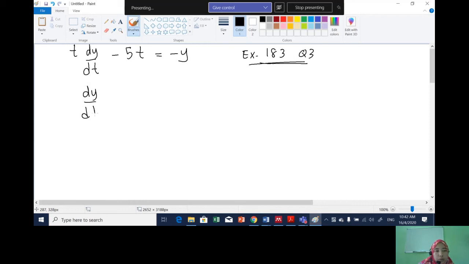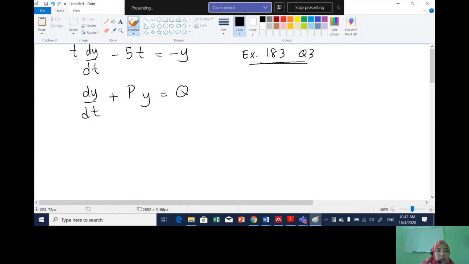The form that we have to transform to must be dy/dt + Py = Q. So remember that the notes that I showed to you just now are in terms of dy/dx. So change it, because our case now is in terms of dy/dt. So dx must be changed to dt. Okay, so that's all the changes.